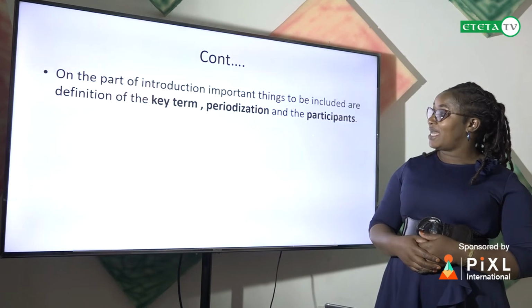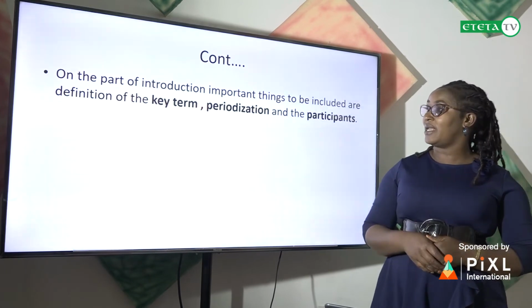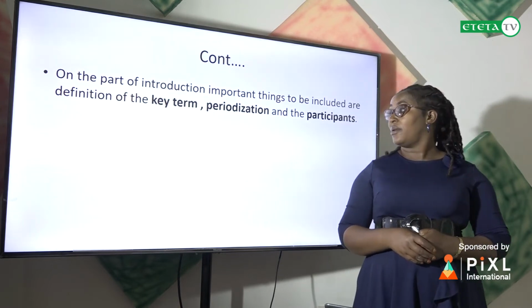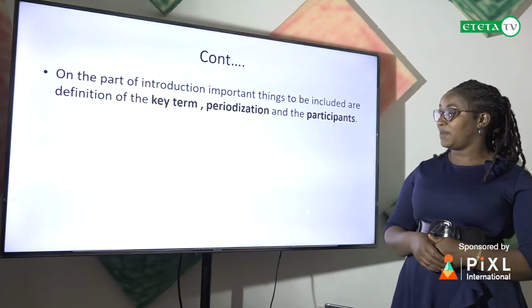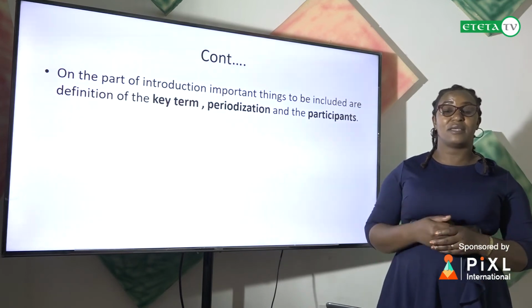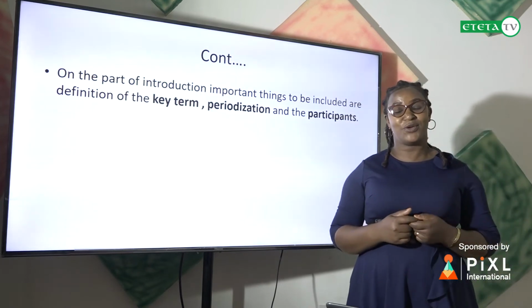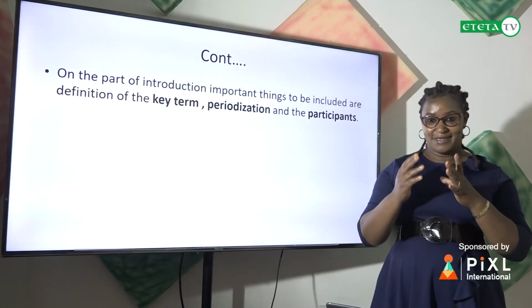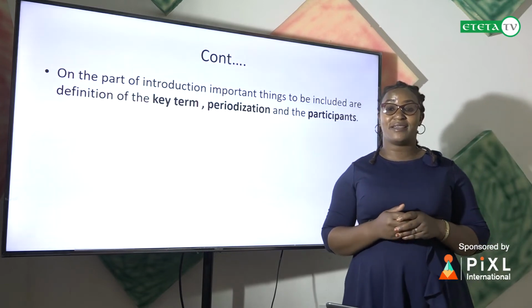On the part of introduction, important things to be included are definition of the key term, periodization, and the participants. According to the nature of our question, our key term there is colonial agriculture. The students must define what colonial agriculture is.